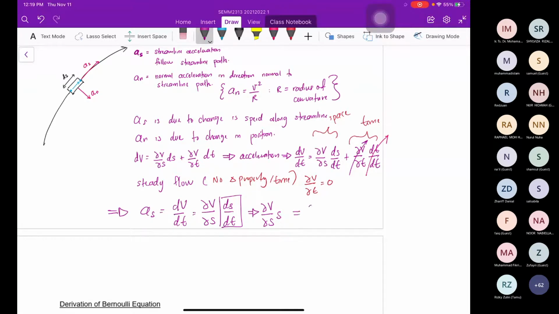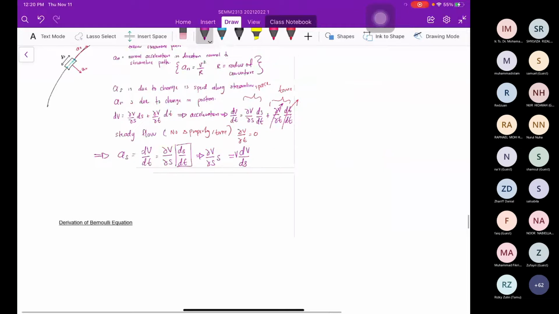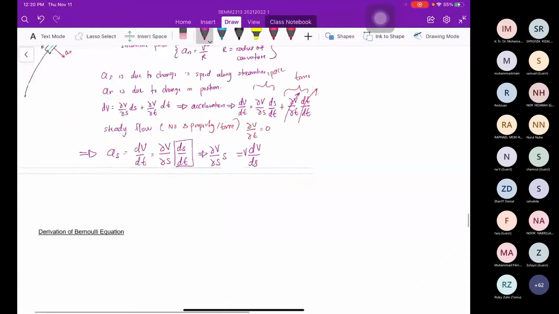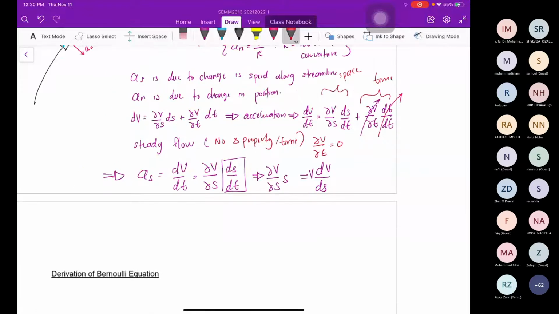Also it will be the same dv over ds. So now we can see that a_s is equivalent to v dv over ds.